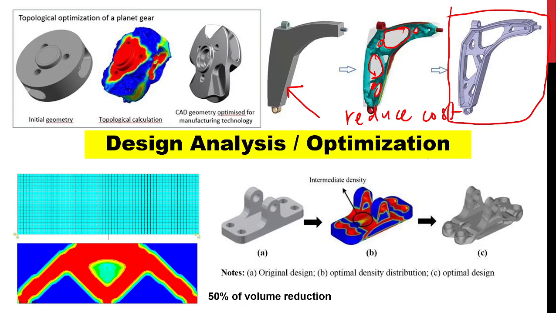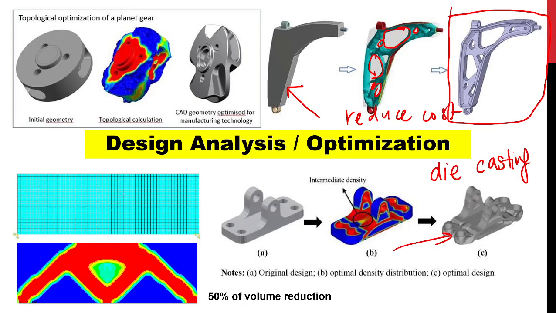There are a lot more examples. These are good when using, for example, die casting, where you can make shapes like this. So optimization is a very powerful tool.